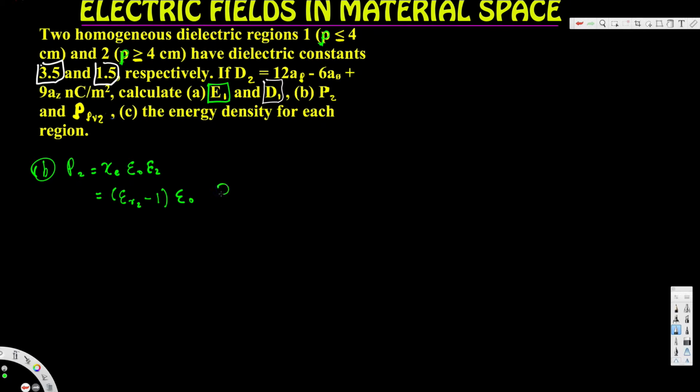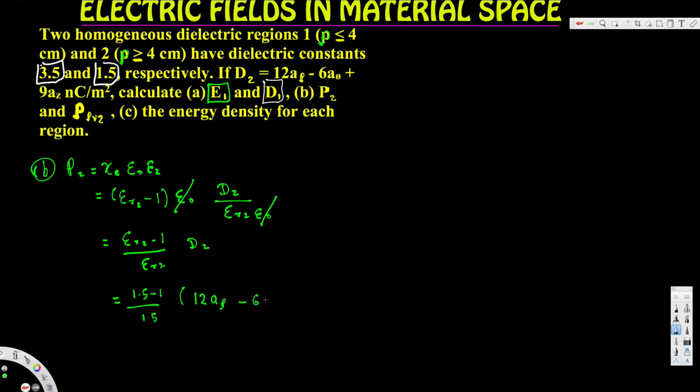That can be calculated using this formula, D2 divided by epsilon r2 epsilon naught. From this one, epsilon naught cancels. We will end up with epsilon r2 minus 1 divided by epsilon r2 times D2. Now epsilon r2 is 1.5, minus 1 divided by 1.5.